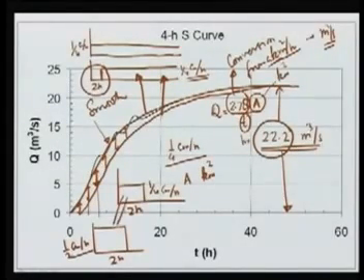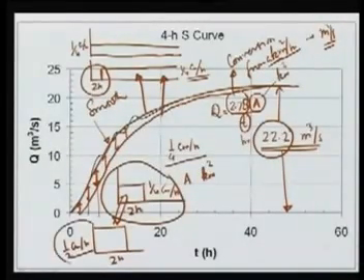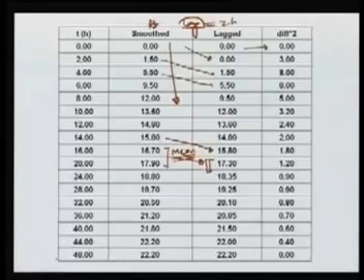Comparing these two, we see that whatever ordinate we get here has to be multiplied by 2 because the ordinate corresponds to 1/4 and we want intensity of 0.5 centimeter per hour. So that's why when we take the difference, we multiply it by 2, and this way we can get the ordinate of the 2-hour unit hydrograph.